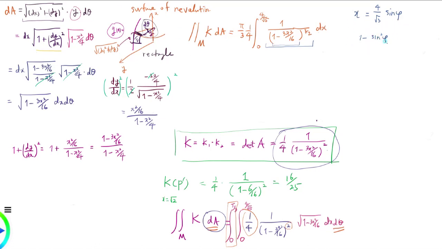Okay, so in this case, x goes from 0 to 4 over square root of 5, so sine of phi goes from 0 to square root of 3/5.